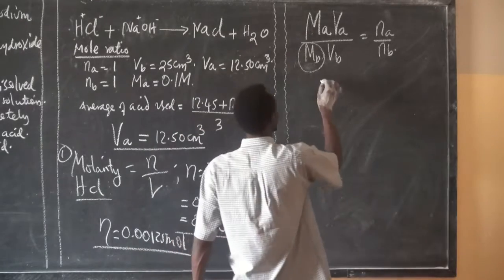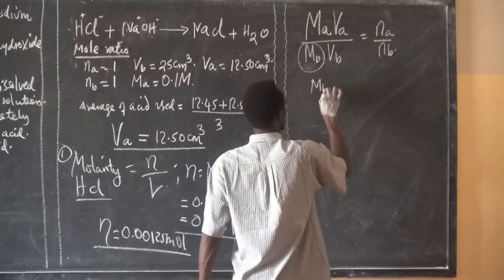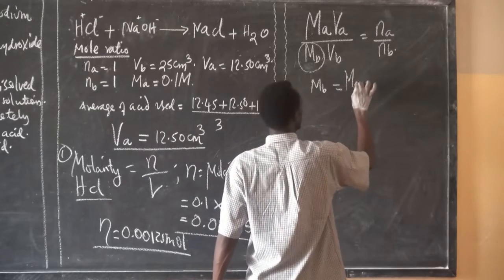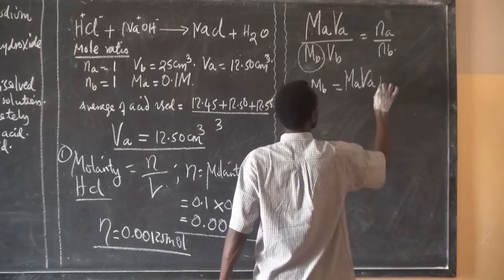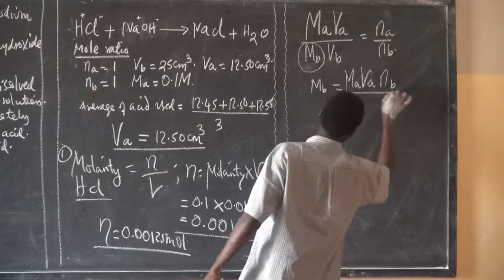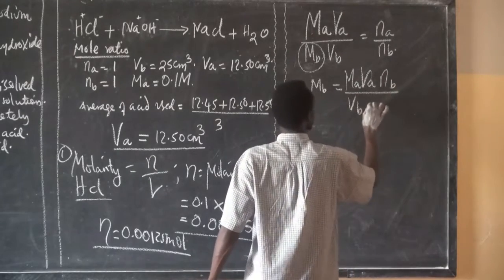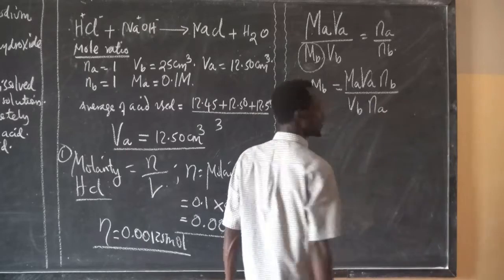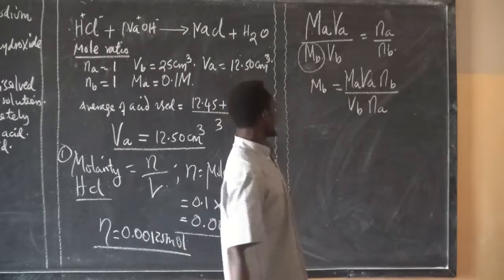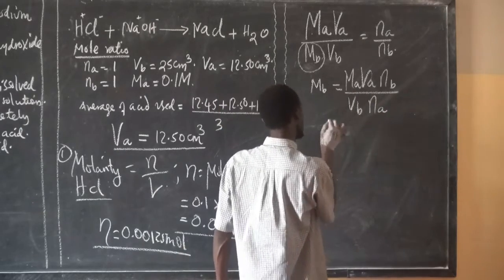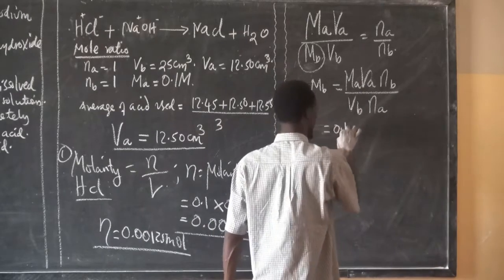That is why we say molarity of base is given as molarity of acid, volume of acid, number of moles of base, over volume of base times number of moles of acid. Now let us substitute what is given. Molarity of acid is equal to 0.1.